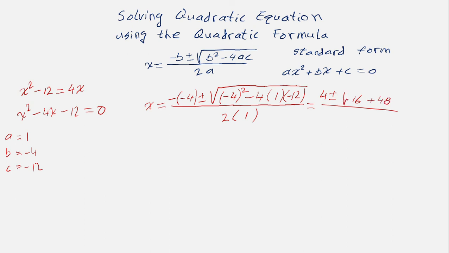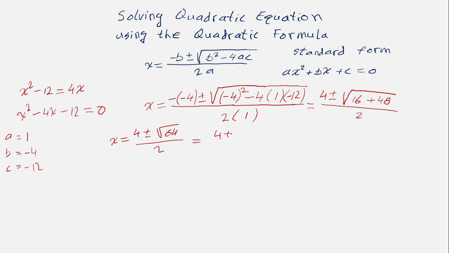All of that is under the root. And then 2 times 1 is 2. Now 16 plus 48 is equal to 64. So we have x equals 4 plus minus square root of 64, all divided by 2. And then square root of 64 is 8.